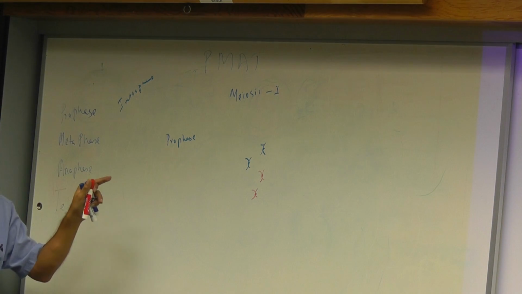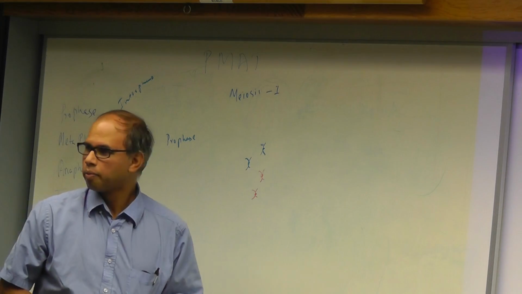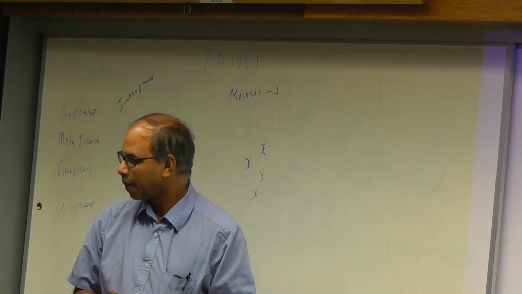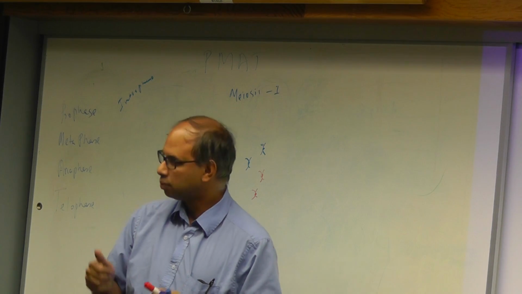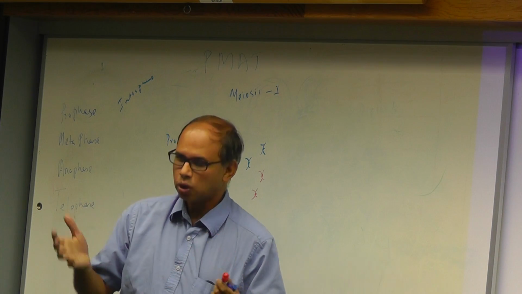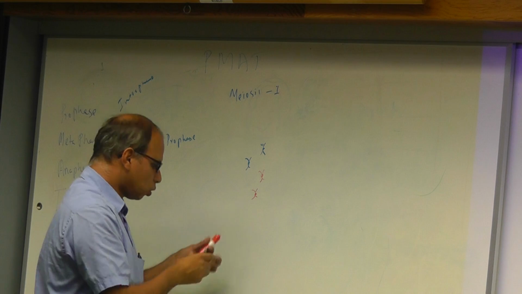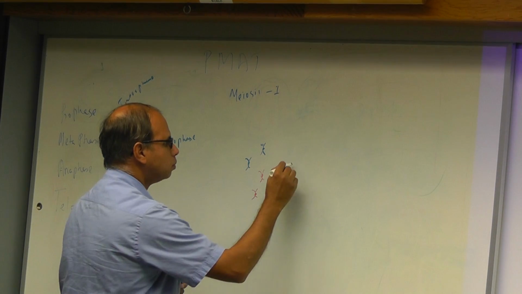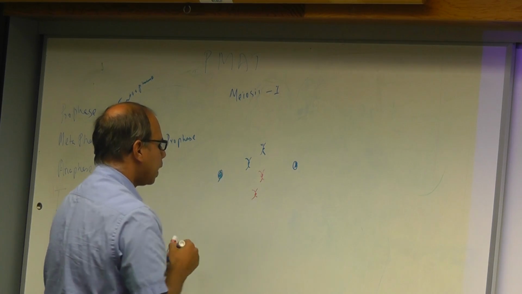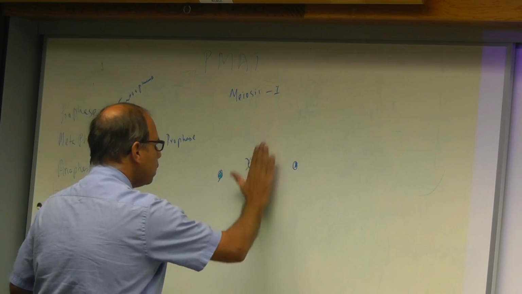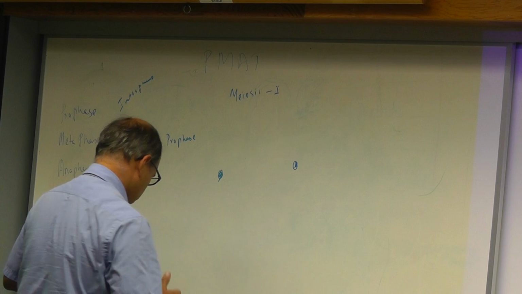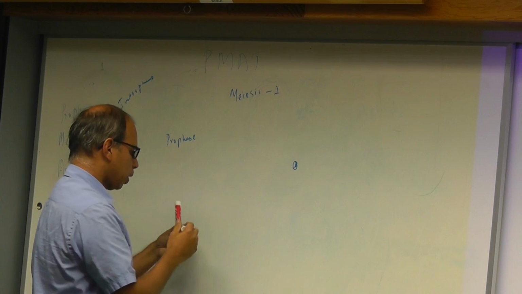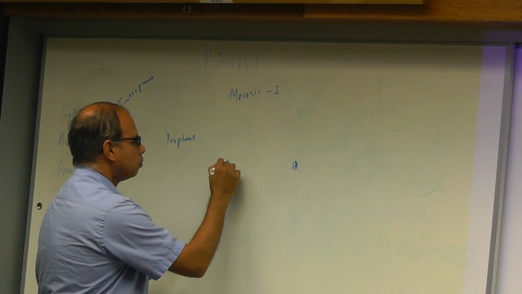Metaphase 1, what would have happened? The chromosomes would line up in the middle, and then the spindle fibers. Good. And so the centrosomes have appeared, and then they line up. But now something different happens.